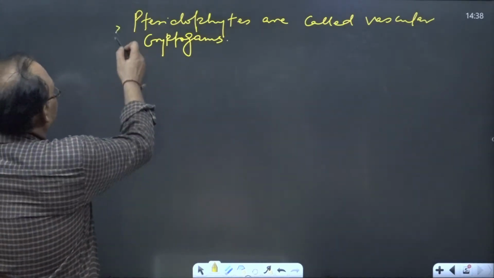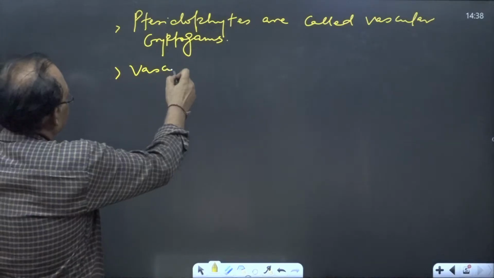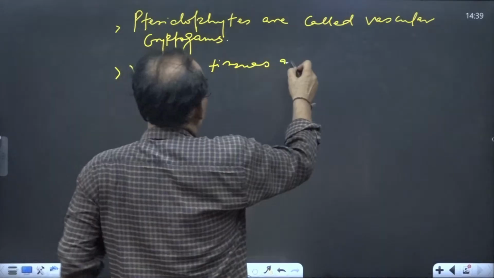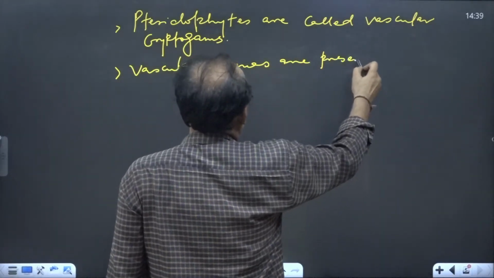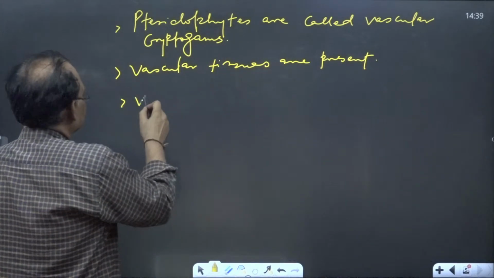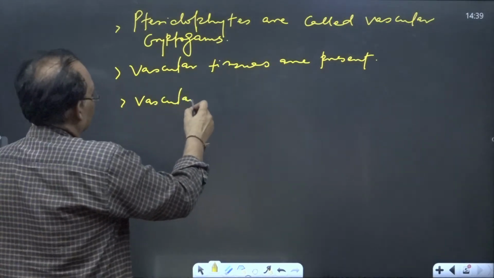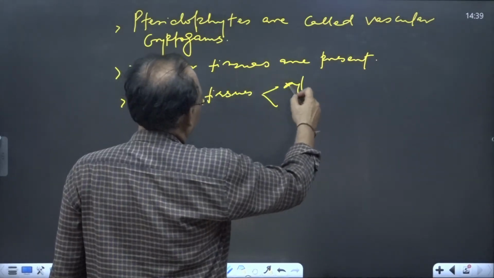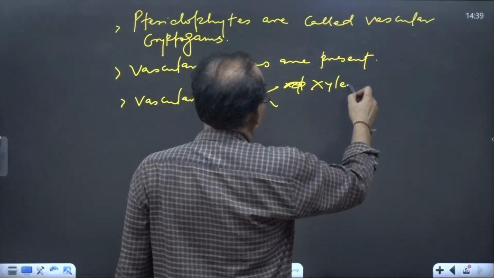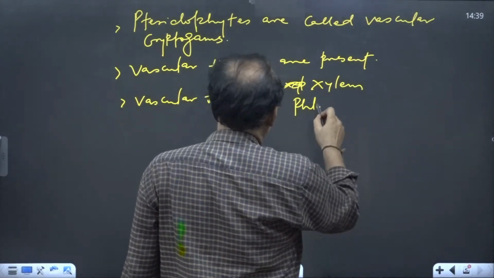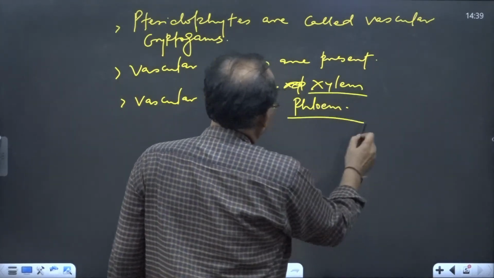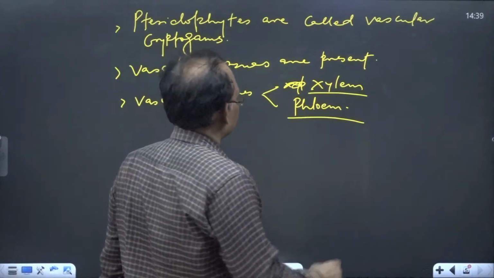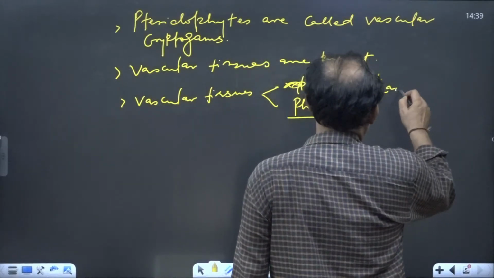तो वैस्कुलर टिश्यूज जो होते हैं ना, वैस्कुलर टिश्यूज आर प्रेजेंट. Vascular tissues में what are the tissues present? There is xylem and phloem, है ना. But xylem lacks vessel.